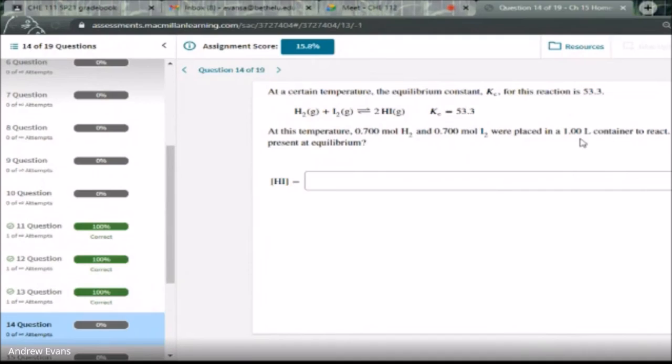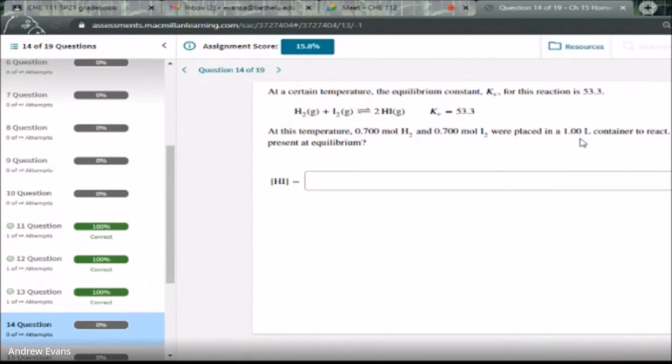So initially, this is this. So we're saying how much of this is, how much do we have at equilibrium? To HI. Let's say 0.70.